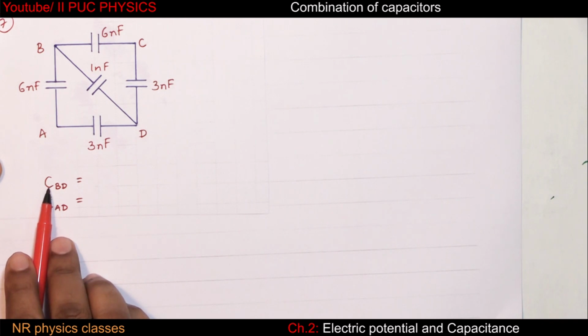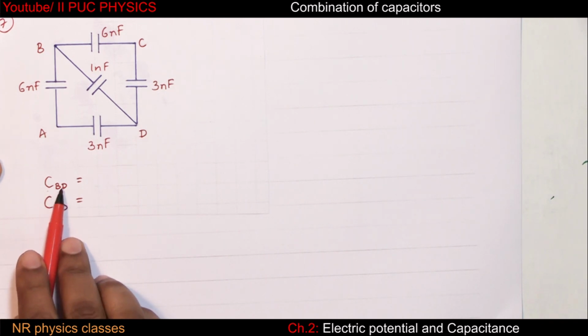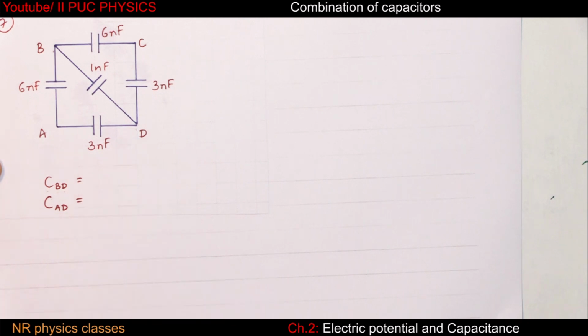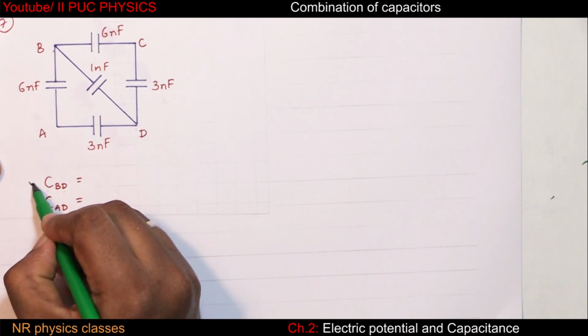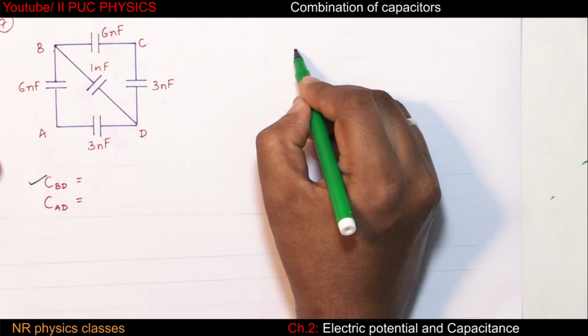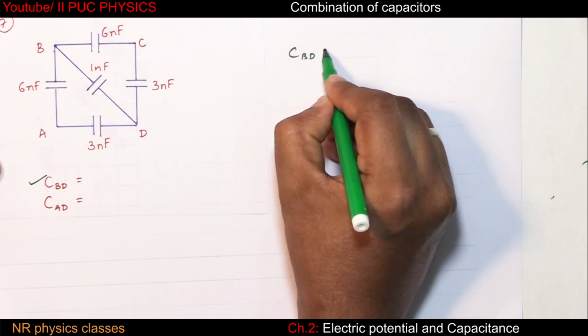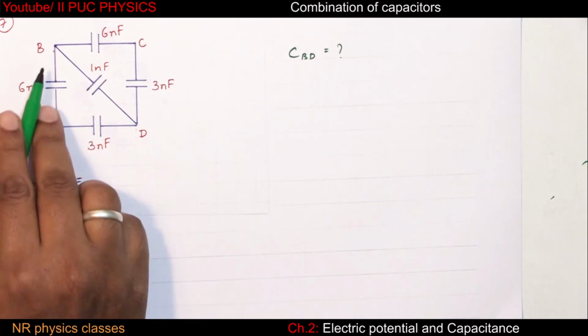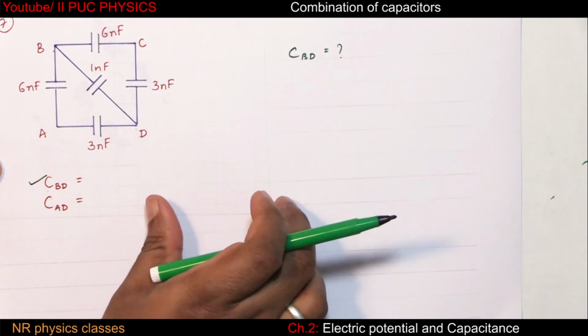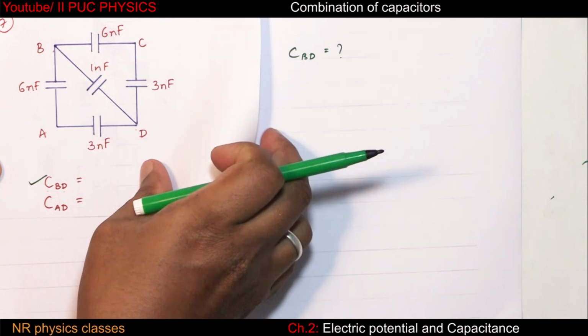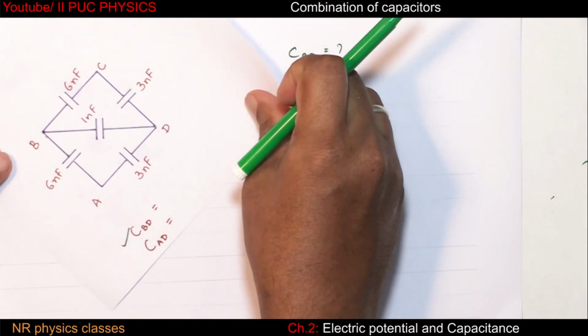Observe, CBD between B and D. Now let us solve CBD, question mark. To find between B and D, let me turn this by 45 degrees like this.